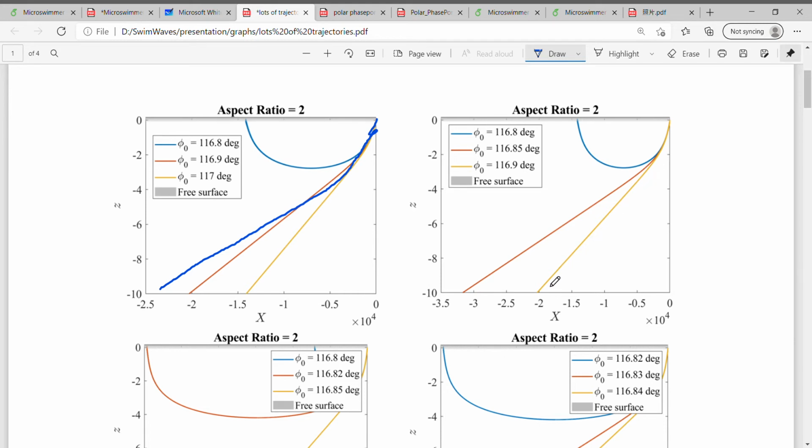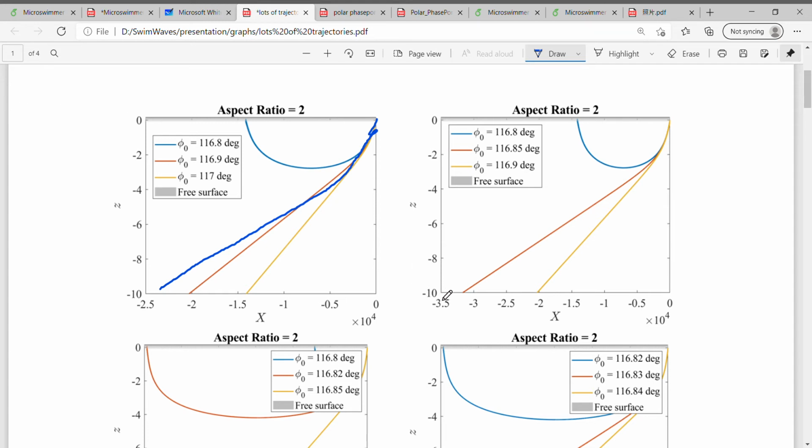For example, this blue one oscillates all the way and ends up at the bottom, and this other blue one oscillates, and at the end it can come back to the surface. Because we don't know what will happen if the microswimmer swims back to the surface, we usually just assume that it will stick with the surface and move with the surface together.